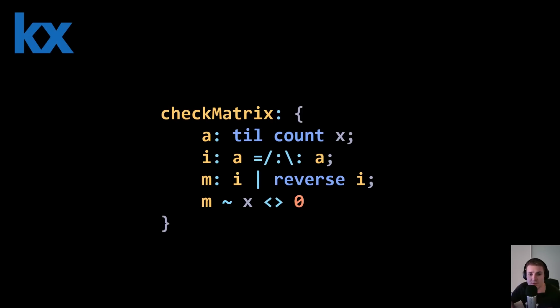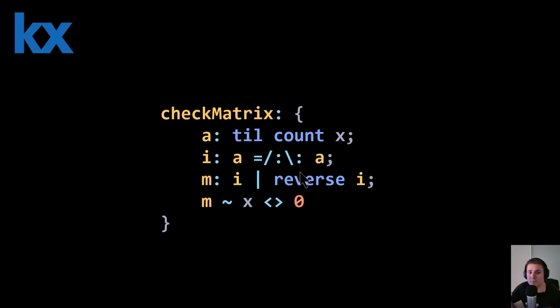Note that we need the identity matrix, I, twice, and we also need the array, the sequence from 1 to 4, twice when we do our outer product. Otherwise, it's basically the same thing. Till is iota in Q, count is tally in Q, and this is an ugly way of spelling outer product.